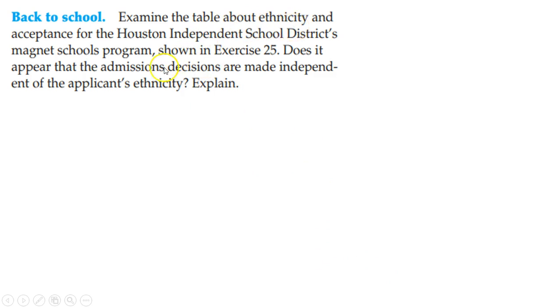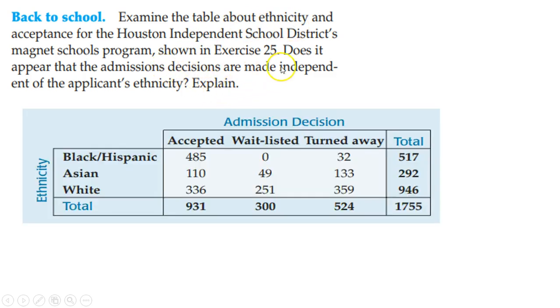Examine the table about ethnicity again. It says, does it appear that the admissions decisions are made independent of the applicant's ethnicity? So does it look like decisions are made based on ethnicity or not, looking at this table? Well, you can go by specific totals to see of each type what is accepted versus not accepted.